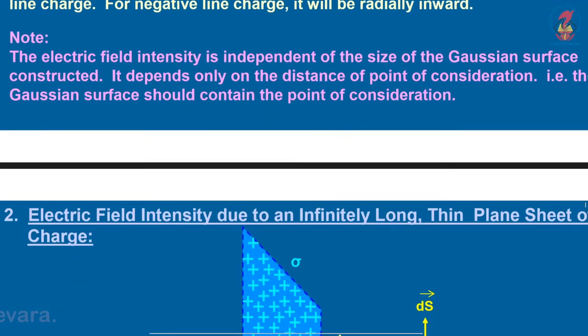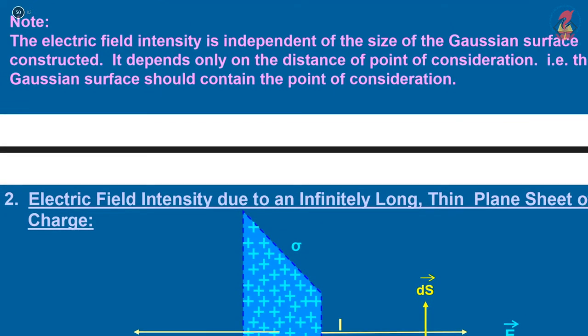Now please note one more thing that I have written here. The electric field intensity is independent of the size of the Gaussian surface. It depends only on the distance of the point of consideration. That means the Gaussian surface should contain the point of consideration.